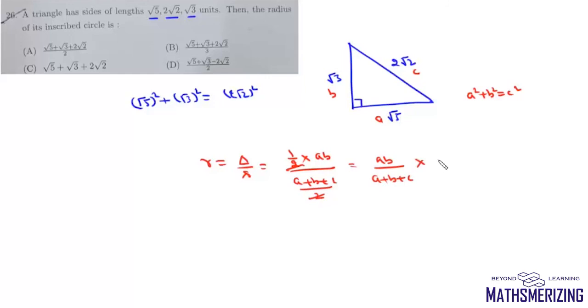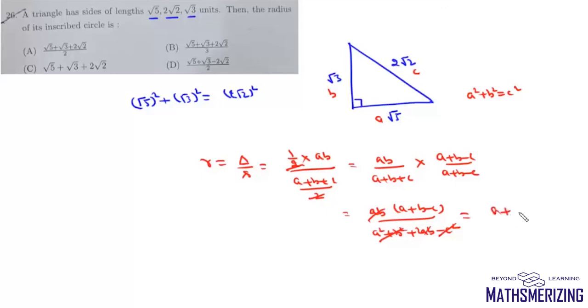Now what we'll do is we'll rationalize it with A plus B minus C. So it will be A plus B minus C. So we can write this as AB, and this is A plus B minus C, and this is A square minus B square, which is A square plus B square plus 2AB and then minus C square. Now A square plus B square is C square, so it will cancel. AB will also cancel.